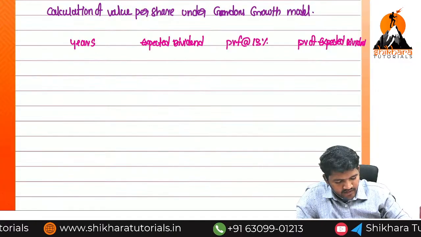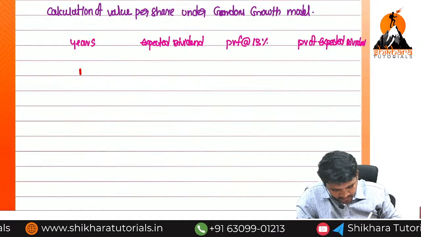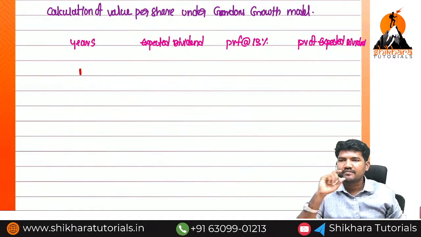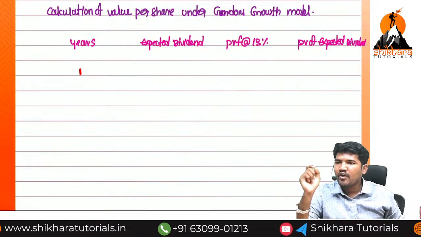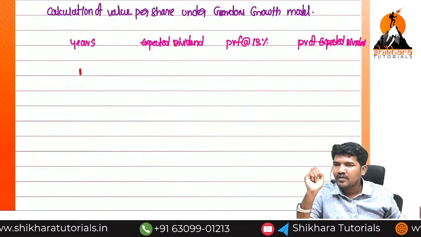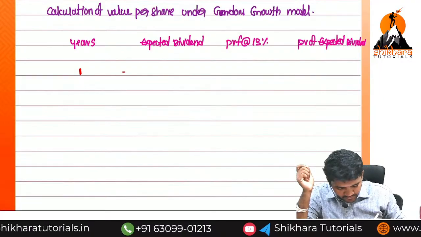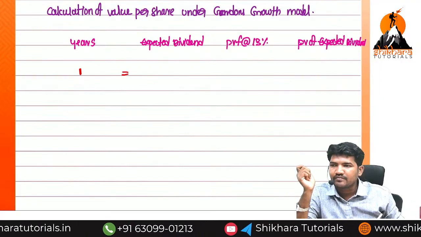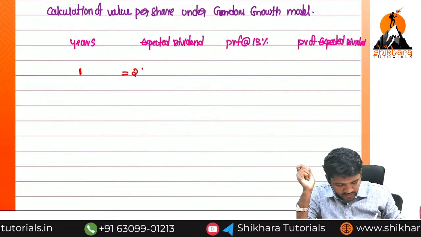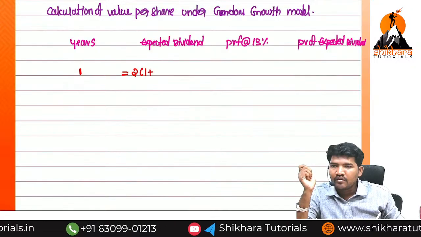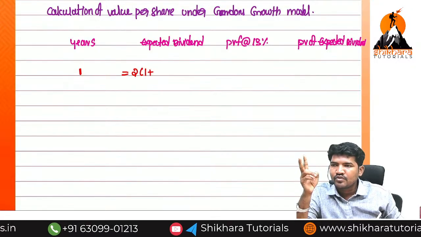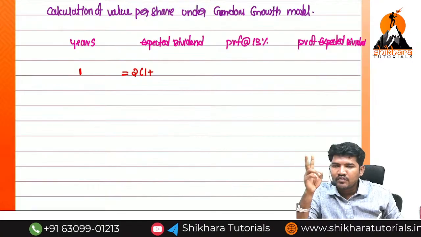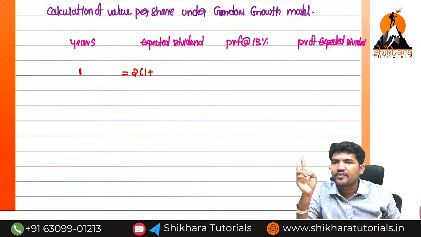Now listen and tell me the values. Year 1, what is the expected dividend? Is it the given value, or do you have to add the growth? Add the growth. The given value is the current year's 2, into 1 plus growth rate. Two growth rates are there. Which growth? 15% is the short-term growth.